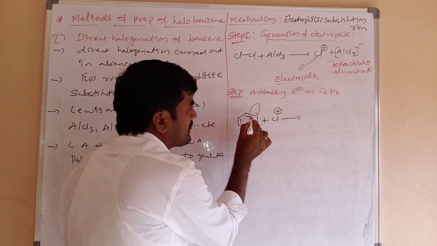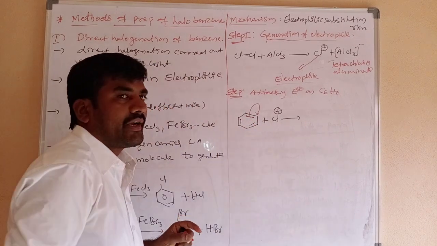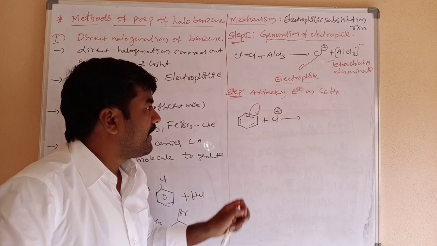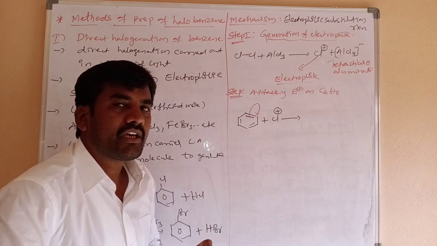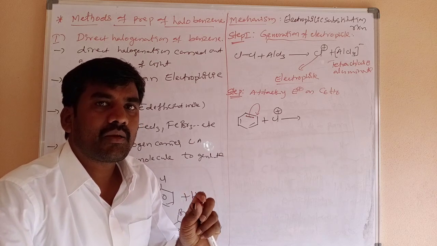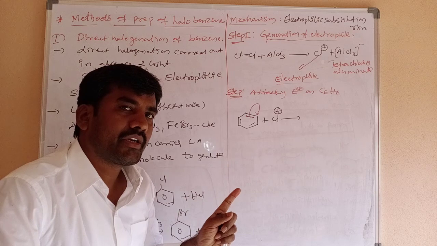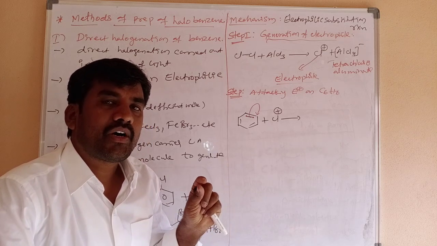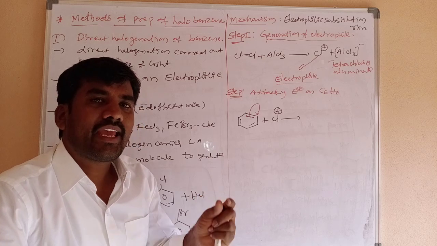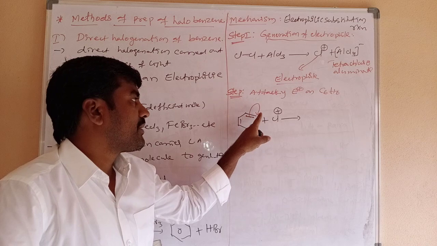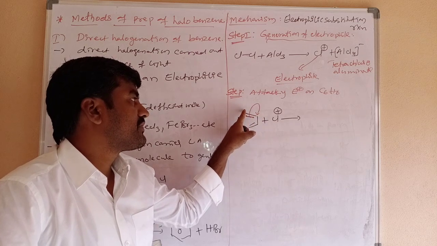Now what about this pi bond? This pi bond means both carbon atoms contribute one electron to form the pi bond between carbon and carbon. When this pi bond shifts to one of the carbon atoms, one carbon atom loses its electron, and the other carbon gains an electron from the adjacent carbon atom. The carbon which loses an electron carries positive charge, and the carbon which gains the electron carries negative charge.